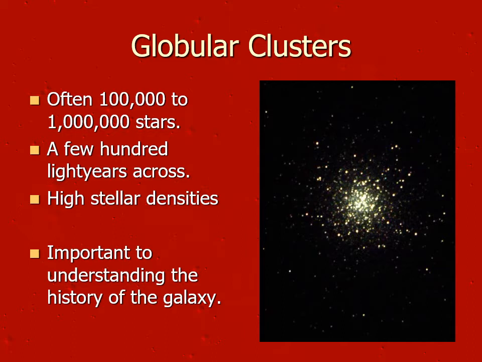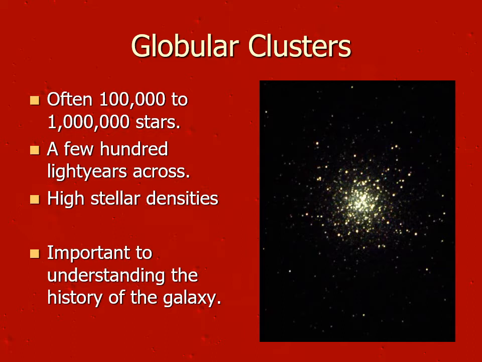But if you draw a sphere the same size in the middle of a globular cluster, you might have several dozen stars in there, maybe 75 to 80 or even more stars. And so much higher stellar density.